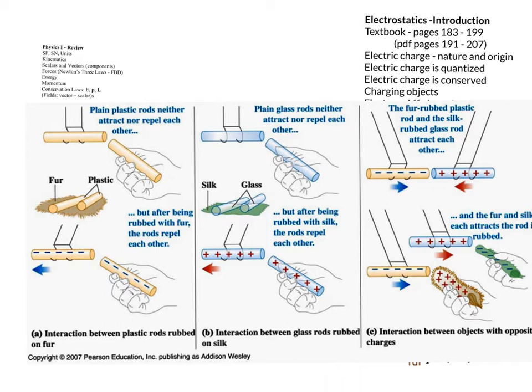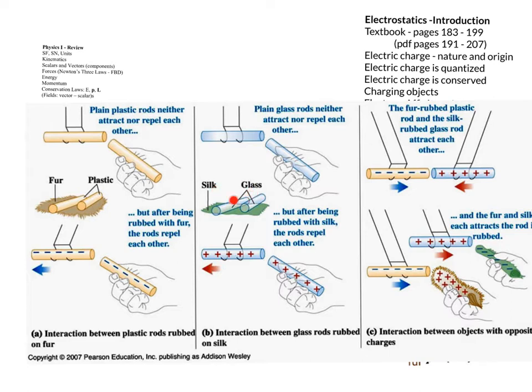So the rod tends to pull electrons off the fur, making the rods negative, and not shown here, the fur becomes positive. Why? Because of conservation of charge. Any charge that goes from the fur to the rod will make the rod one charge more negative and make the fur one charge more positive.